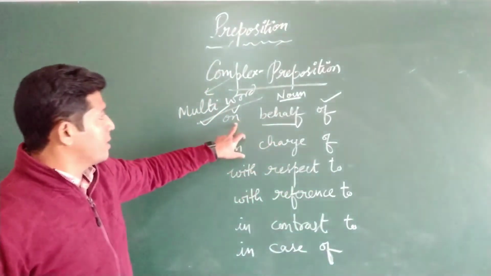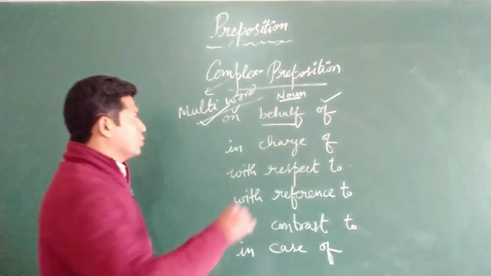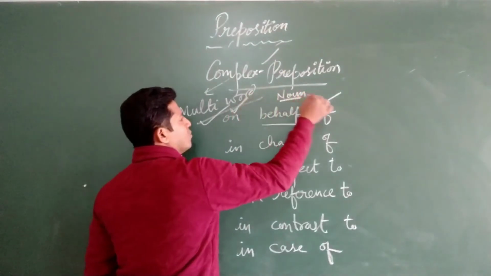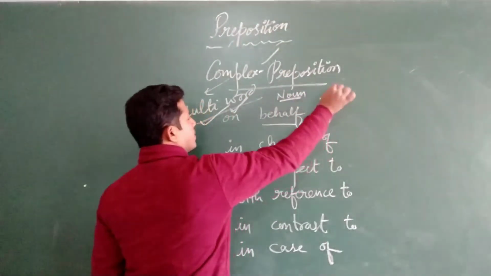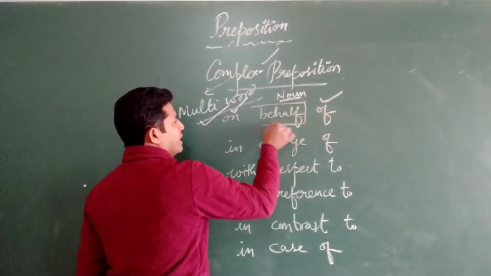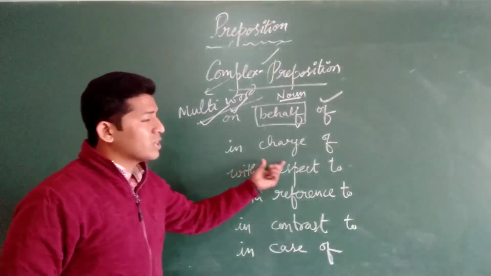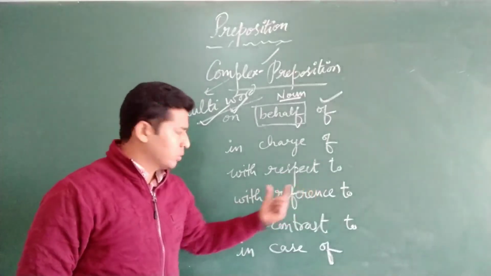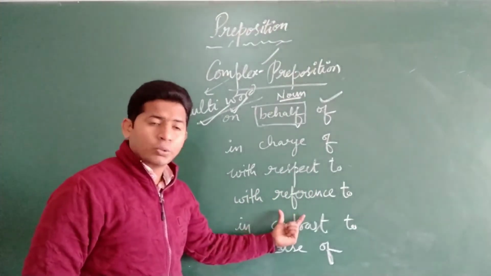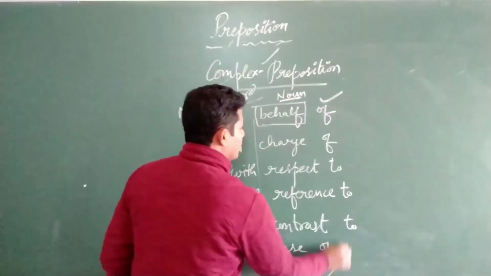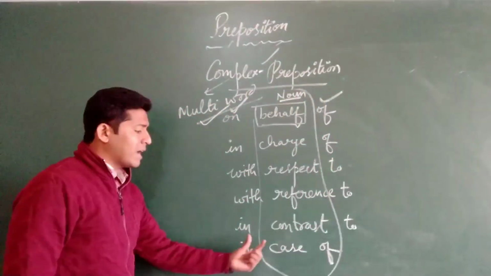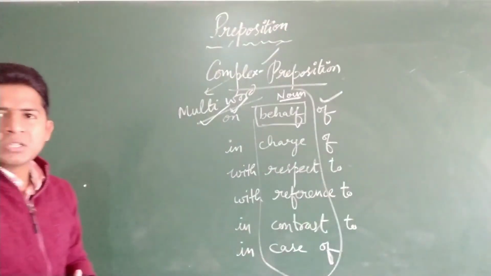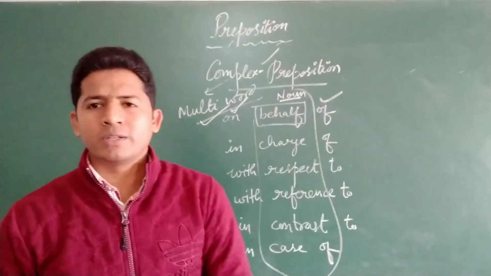Usually the structure of a complex preposition is two preposition words and in between them you will find a noun. Like in charge of, he is in charge of, with respect to, with reference to, in contrast to, in case of.